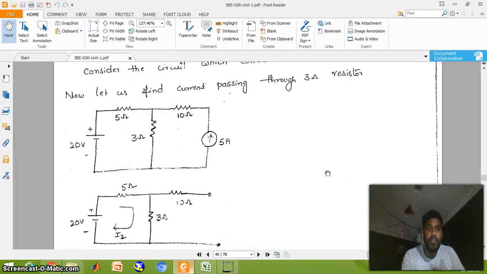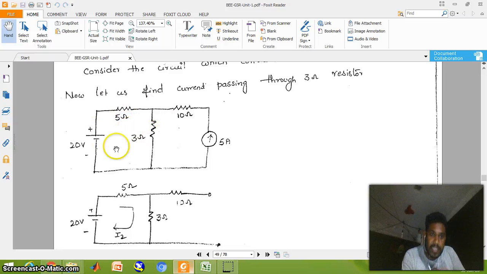Next, in the second case, the 20 volts voltage source is inactive and the 5 amps current source is active. At the time of inactive, a voltage source acts as a short circuit. So here the 20 volts voltage source gets short circuited, and the 5 ampere current source is in active position. Here 5 ohms and 3 ohms are in parallel, two resistances connected in parallel.